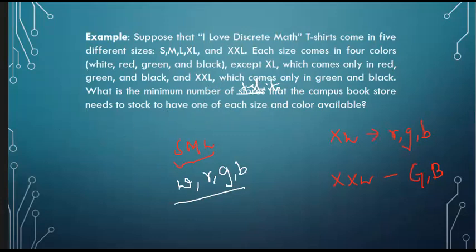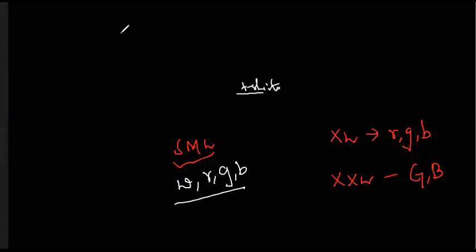Let's take this with the help of a graph. These are the points that we have to notice. Now these are your t-shirts. The t-shirts are in 5 sizes actually.